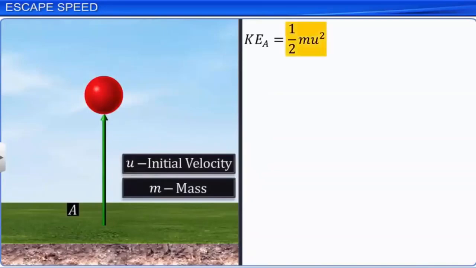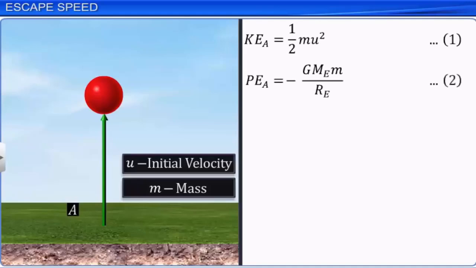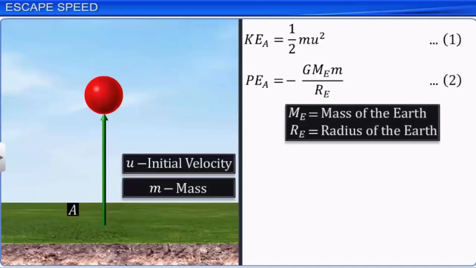Let this be equation 1. The potential energy of the Earth-body system at the Earth's surface is denoted by PE_A is equal to minus G M_E m divided by R_E. Let this be equation 2. In this equation, M_E is the mass of the Earth and R_E is the radius of the Earth.